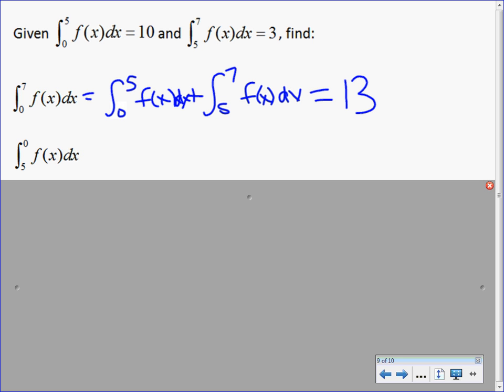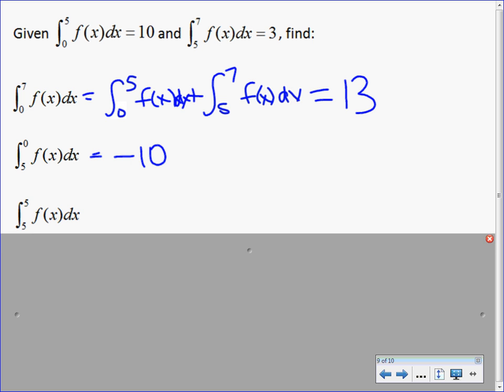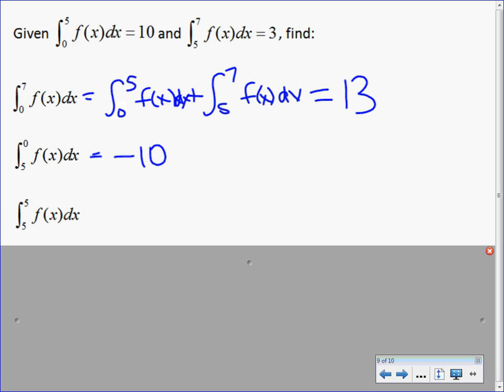The integral from 5 to 0 is negative 10, because it is the opposite of the integral from 0 to 5. The integral from 5 to 5 is 0.